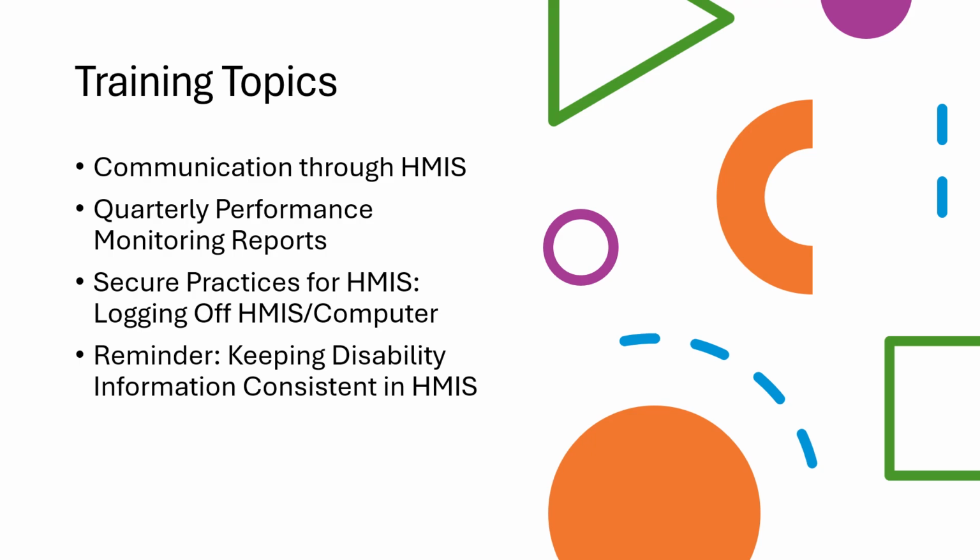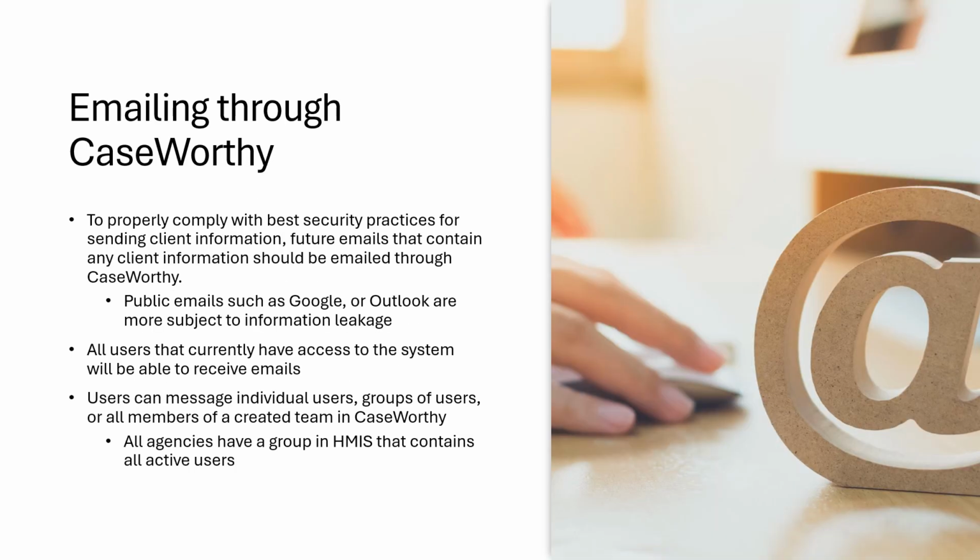And I make these reminders because I see some errors sometimes that are pretty consistent. So when I see that, I put them in the reminder in our training, and this is keeping disability information consistent in HMIS.